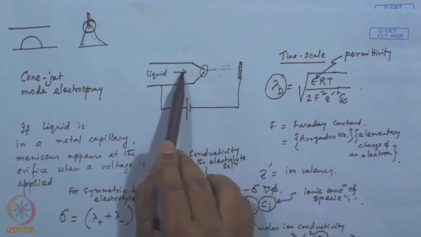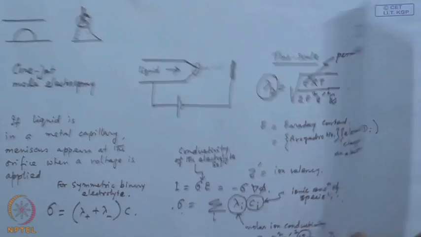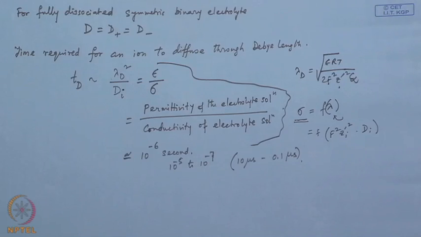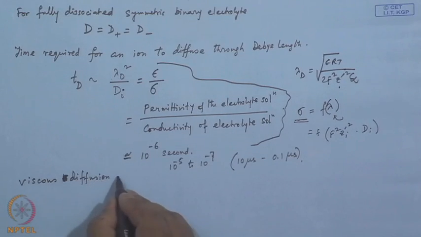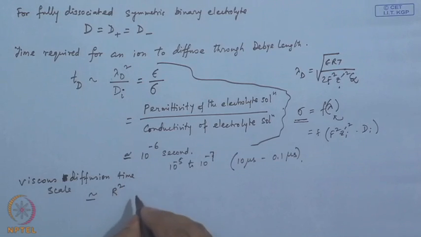So in that case, this time scale has to be compared with what you call the viscous time scale. The complete term would be viscous diffusion time scale, which is typically referred to as R square divided by mu by rho, where R is the capillary dimension.